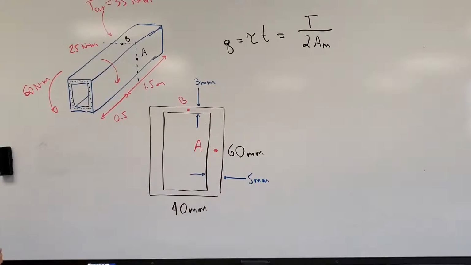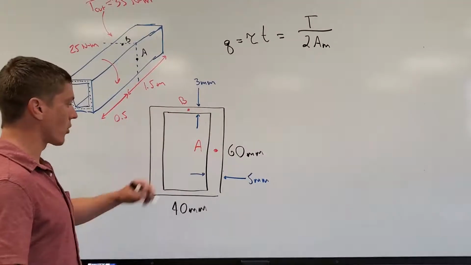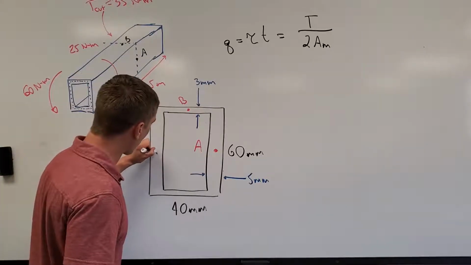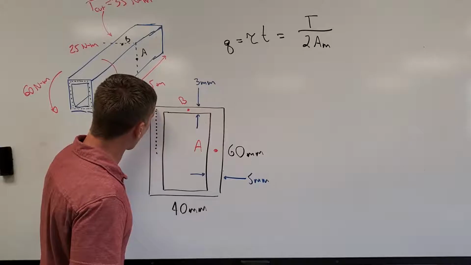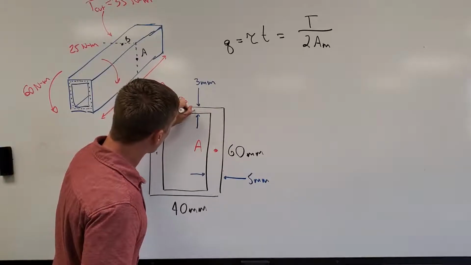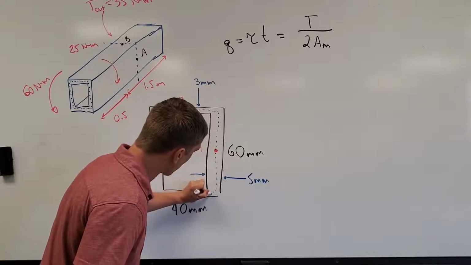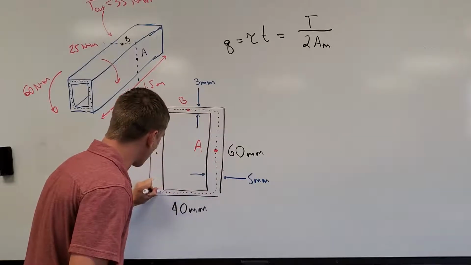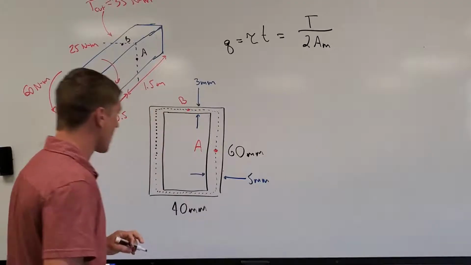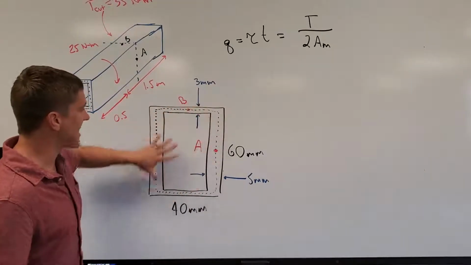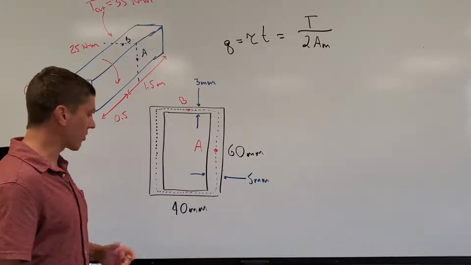Now what we're after here is the mean area. So in order to determine the mean area, we have to draw a perimeter which goes along the center of our wall thickness at every location through this non-circular, hollow shaft. Okay, we need to determine the area inside this dash line that we're after, right?